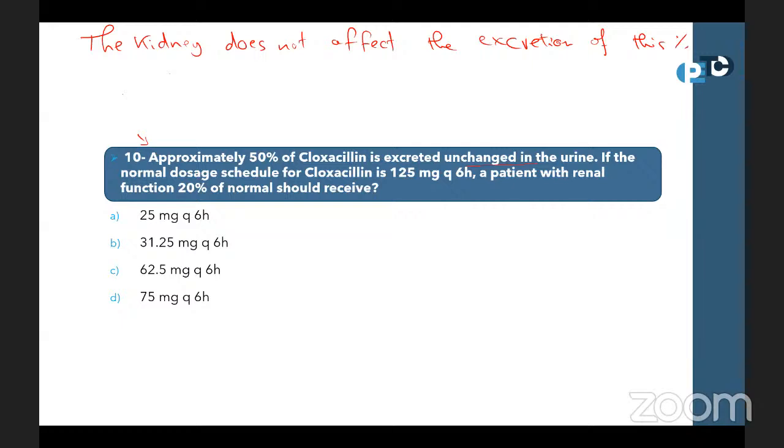Okay, or by another statement, this drug or this percentage of the drug is not affected by the kidney status.